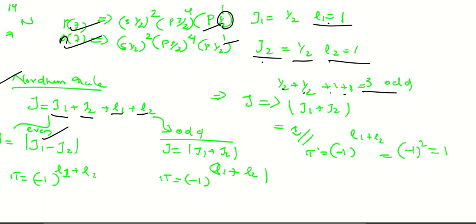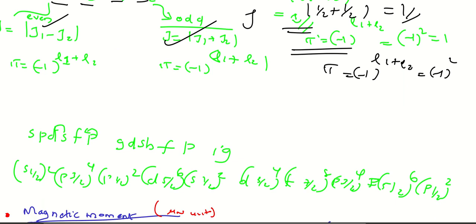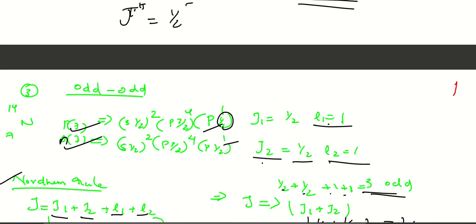In the odd case, J is equal to J1 plus J2, that's equal to half plus half, that's equal to 1. So 1 is J, the spin we got, and pi, the parity, is equal to minus 1 to the power L1 plus L2, that is minus 1 to the power 1 plus 1, that is 2. That's minus 1 squared, that's equal to 1. So like that we have to find the spin and parity in all the cases.